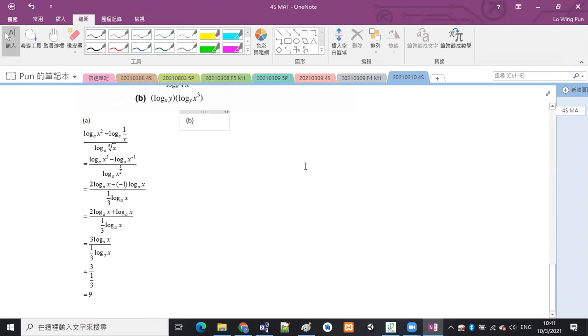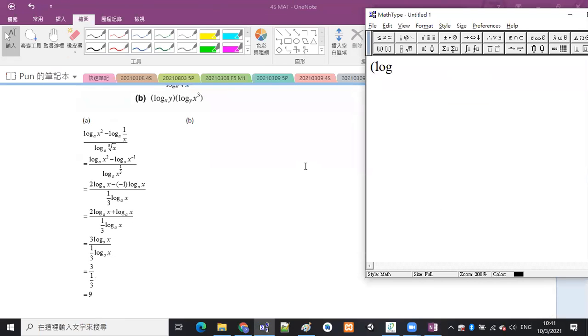And then part B. So we have log y base x times log x cube base y.